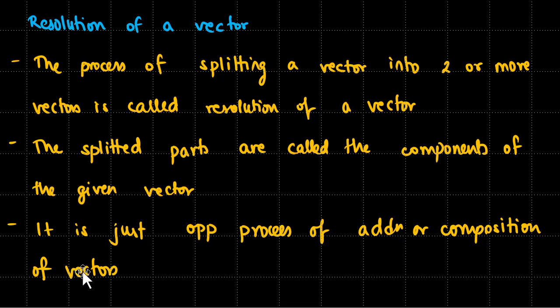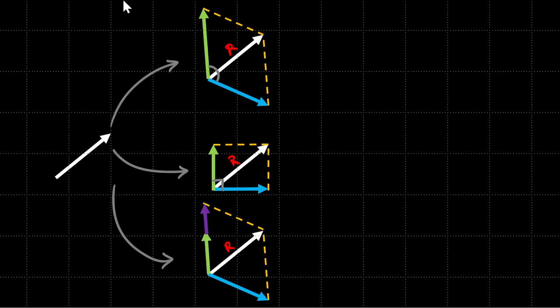And the third one is just the opposite process of addition or composition of vectors. So let's go back here. If you were doing addition or composition, you would say that the blue vector and the green vector give a resultant, which is the white vector. But in this case, we are taking the white vector and splitting it into the green and blue vectors, right?